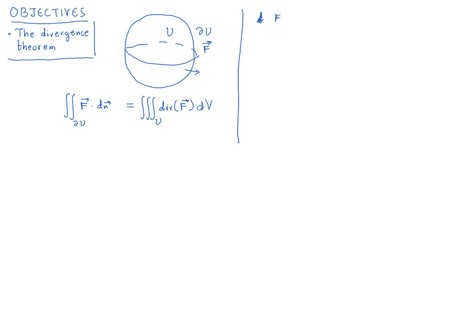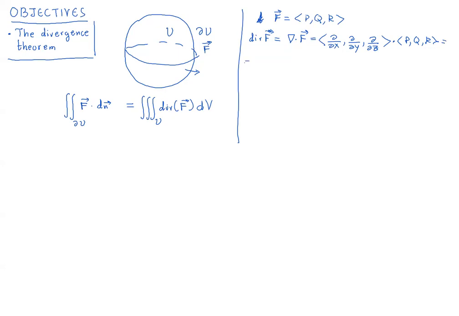So if you have a vector field F, then the divergence of F is defined as the gradient operator dot with F, where the gradient operator, again, is formally given as the vector that has the partial differentiations as its components, and multiplication of a function by a differentiation is simply to differentiate the function accordingly.